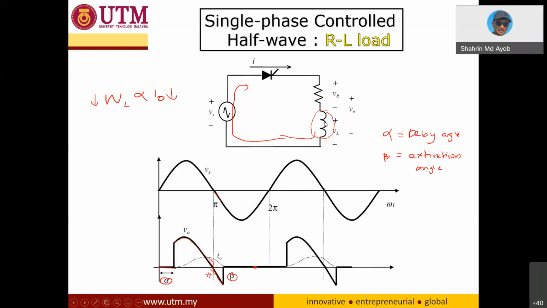But if your inductor size is very big, your location of beta will be very far from the pi. So if it is larger, the time required to fully discharge the energy inside the inductor will take more time.